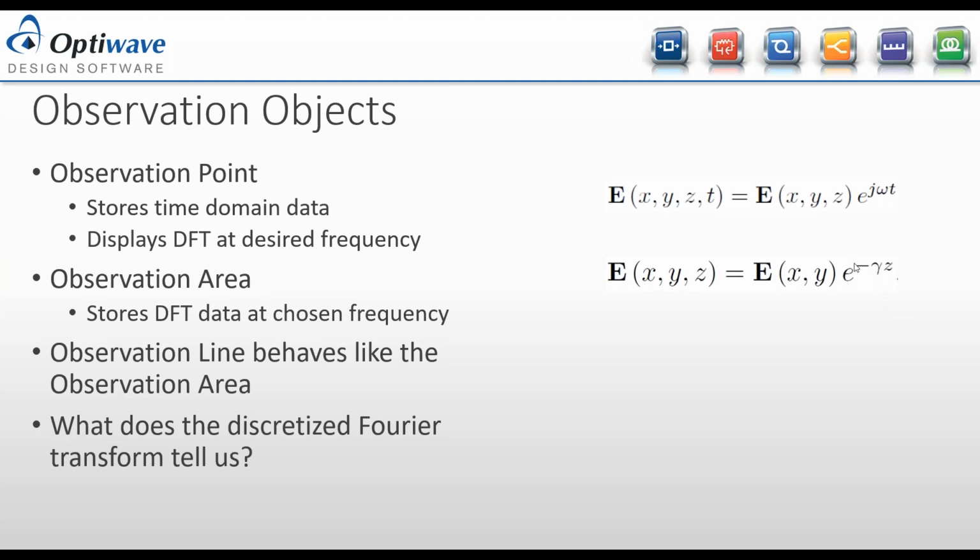Now, I probably should have used the more common phase constant here, but I put e to the minus gamma z, and gamma here is complex, and that's called the propagation constant. So it has a real and an imaginary part. The imaginary part is the phase constant, how the phase front of the wave changes, and the real part would be the attenuation constant. So that's how a plane wave evolves as a function of the direction of its propagation.